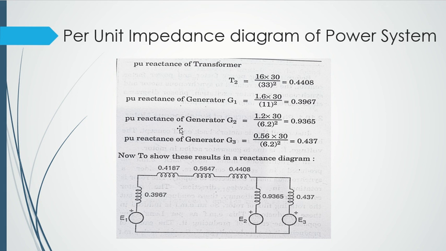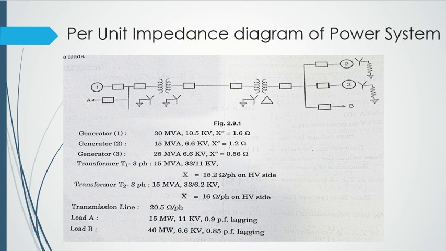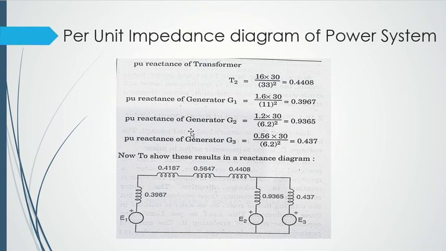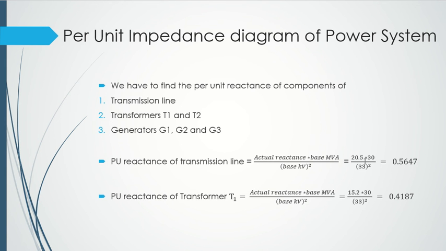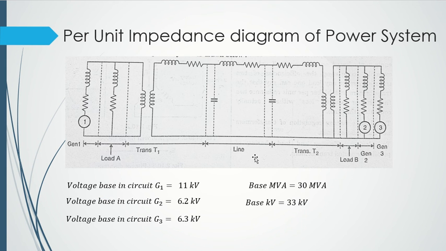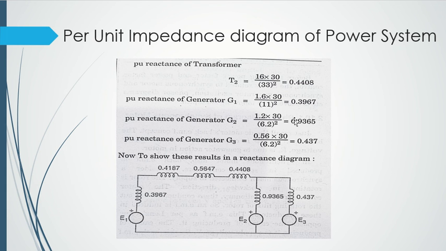In the same way for G2, the actual reactance value was 1.2 ohms. So we will be taking 1.2 ohms multiplied with my base MVA, which was nothing but 30 MVA.